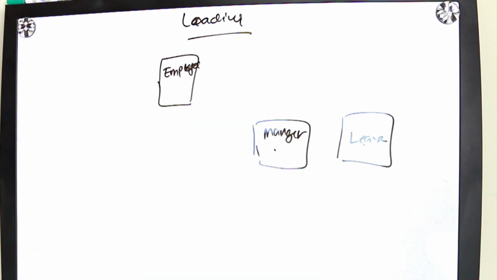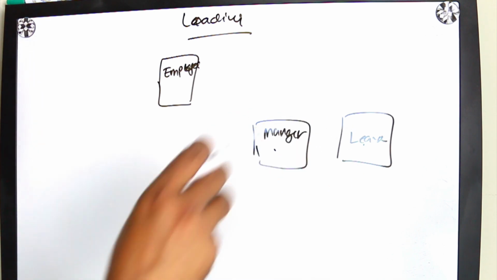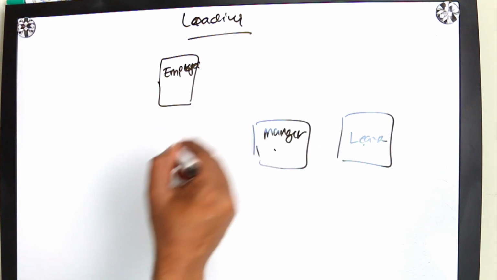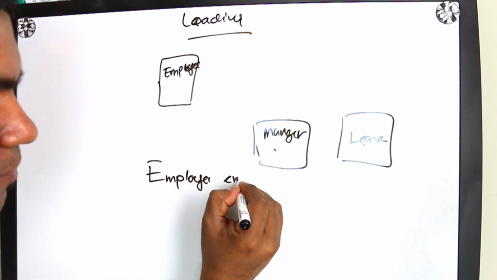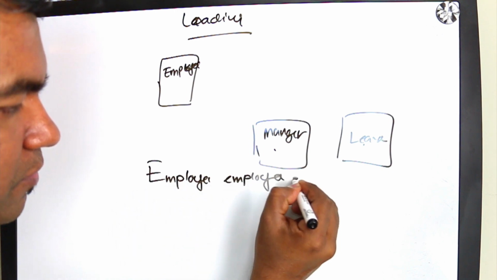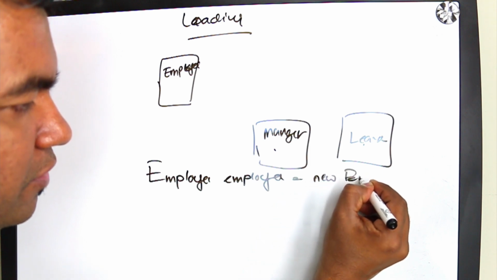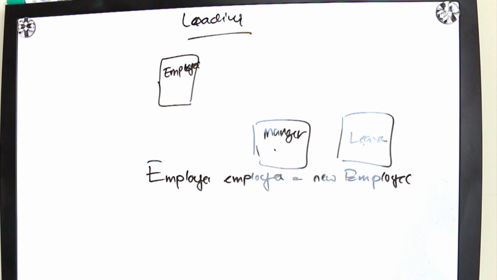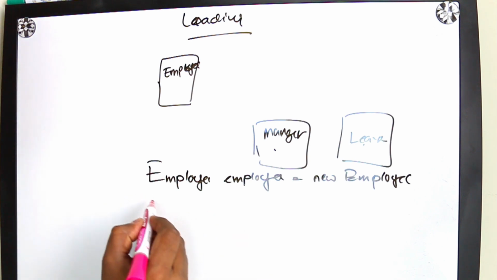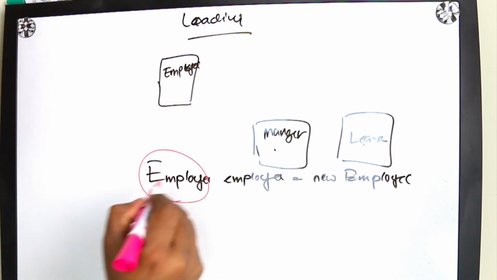Just think, the very first time in your program the manager class is referring employee, so it creates a new object: employee equals new employee. So this very first time JVM is going to load this employee class.